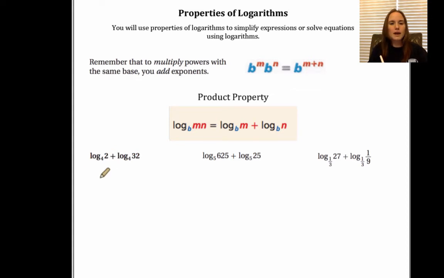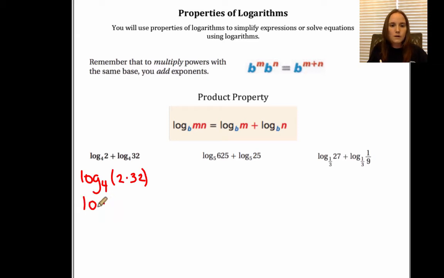All right, so we have log base 4 of 2 plus log base 4 of 32. So we'll be able to write log base 4 of 2 times 32. Well, we can go even further than that and just say, well, 2 times 32 is 64.